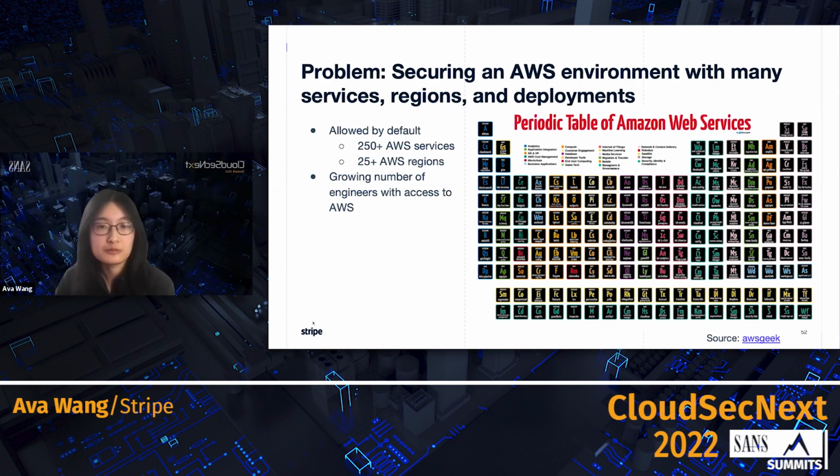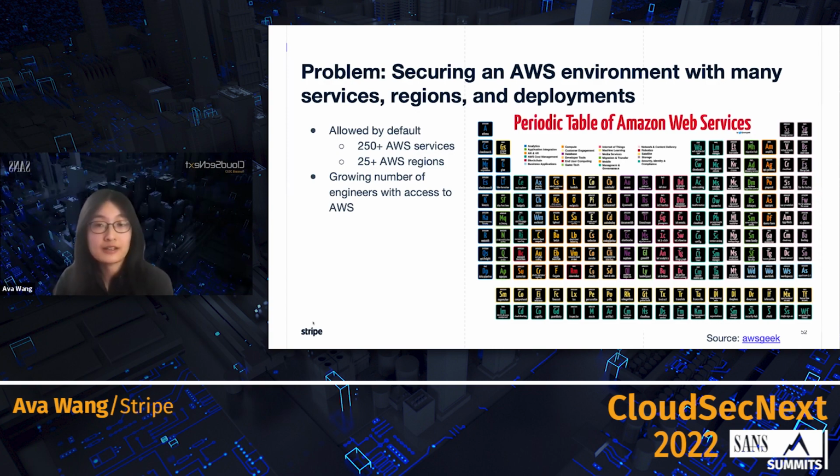So first, the problem that we want to address is how to secure this broad attack scope. This AWS environment by default allows more than 250 AWS services and over 25 AWS regions.